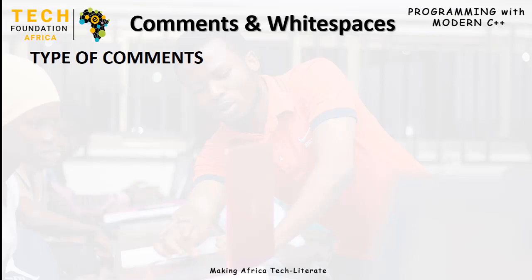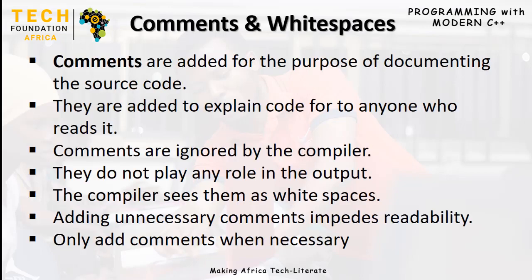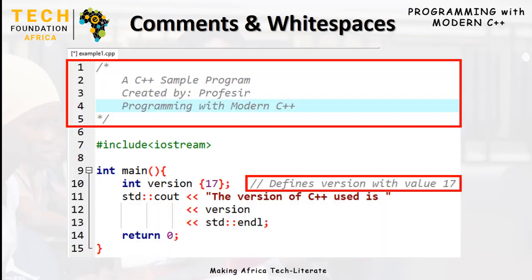The typical example of the inline comment is what we have in here. The inline comment begins with double / and it can span only one line. The other type of comment is the multi-line comment, and as you can see here, I'm able to write comments over multiple lines.